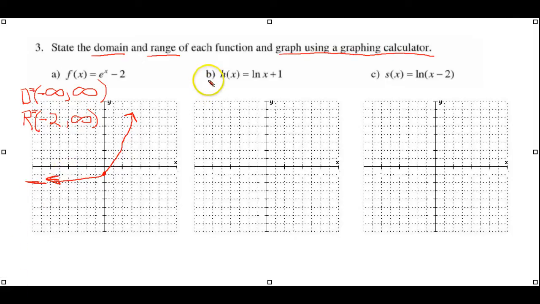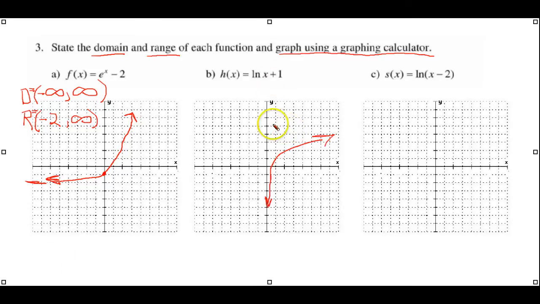Now, looking at letter B, the difference, this was a normal function where we had the graph going this way. Now in this one, we're looking at a logarithmic function. So this is going to be a graph which is the inverse. And we see that as we look at it, it's plus 1. So it's going to raise this graph up a little bit. So let me sketch that for you.